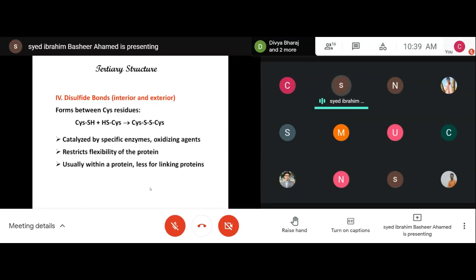Interaction, and also there is one more interaction, that is the disulfide bond. This disulfide bond is very less in number, but it will make a covalent bond with another cysteine residue.